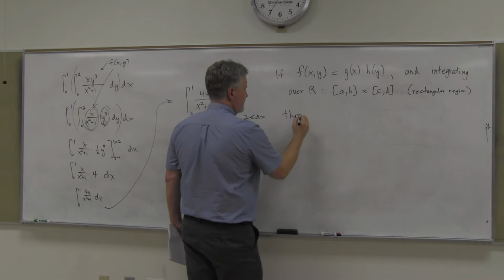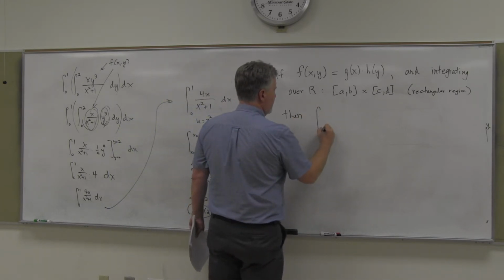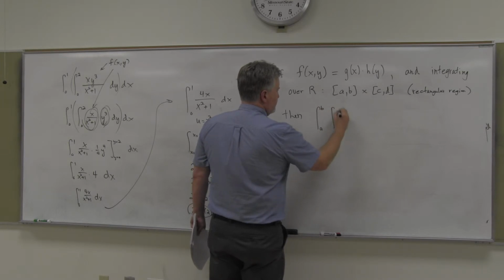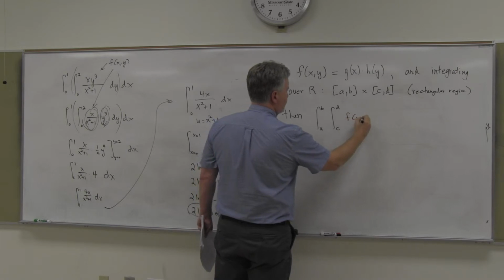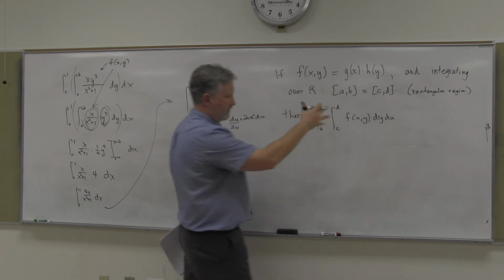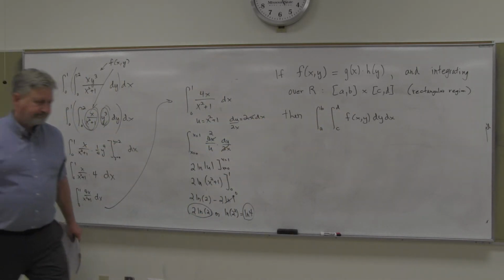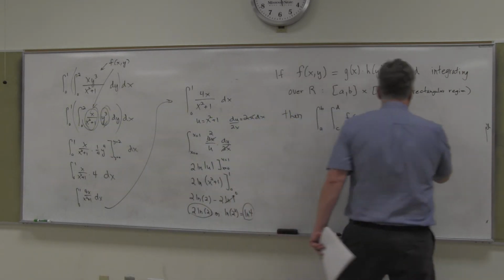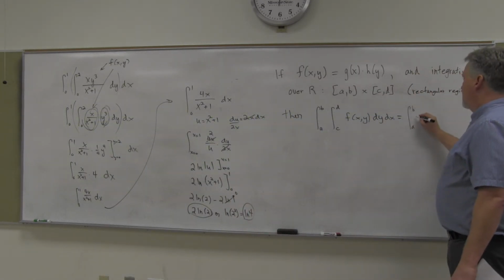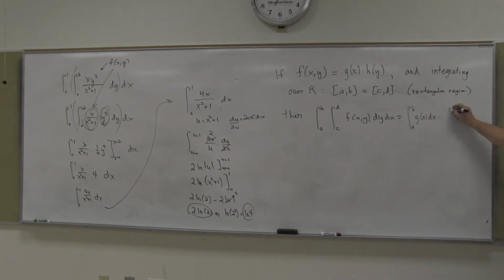Then here's the kicker. You don't have to, but here's what you can do. The double integral from a to b and then c to d of f of x, y dy dx, and it could be vice versa, you can do this by doing the integral from a to b of g of x dx, times the integral from c to d of h of y dy.